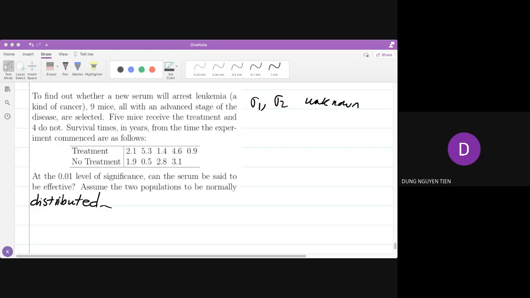Okay, two samples. Yeah, that's true. The hypothesis is true. You got the hypothesis correctly. How about the two variances? Are they the same or different? Should I say that sigma 1 and sigma 2 are the same or different? Why is that?